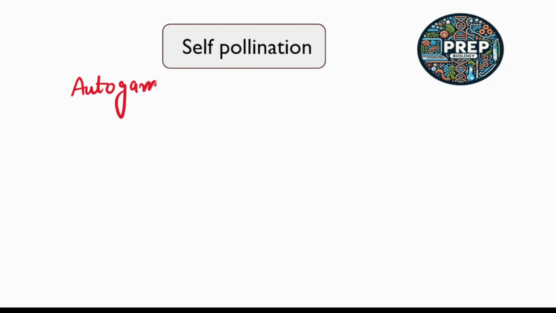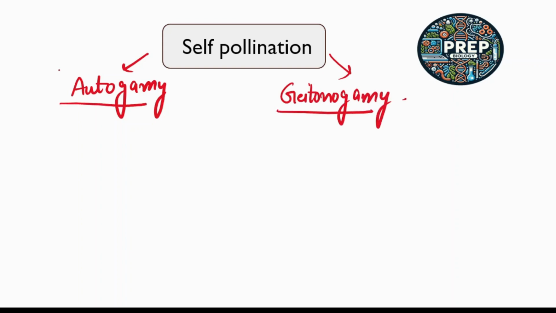Autogamy, and second is the geitonogamy. Understand it carefully. These two terms are very, very important. Auto means within, self.